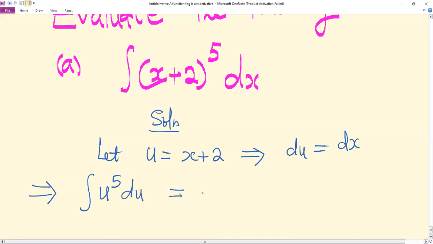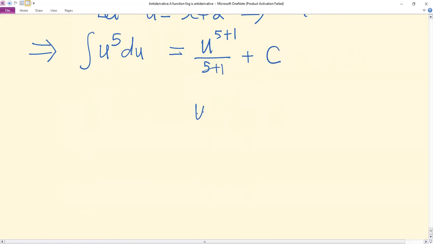And by the power rule, this will be u power 5 plus 1 divided by 5 plus 1, plus c, which will give us u power 6 over 6 plus c.